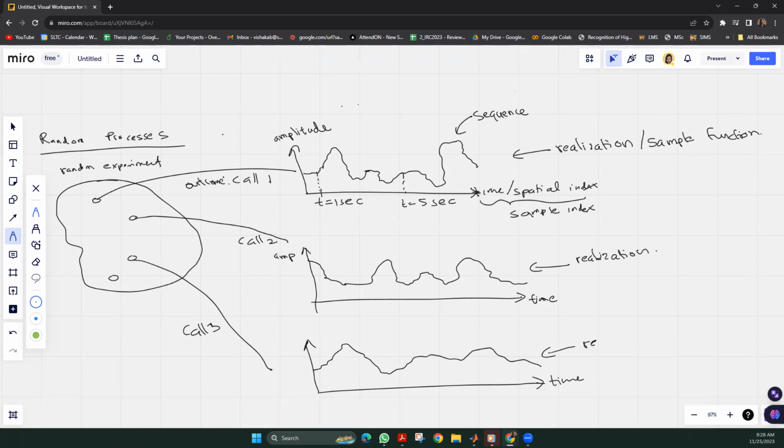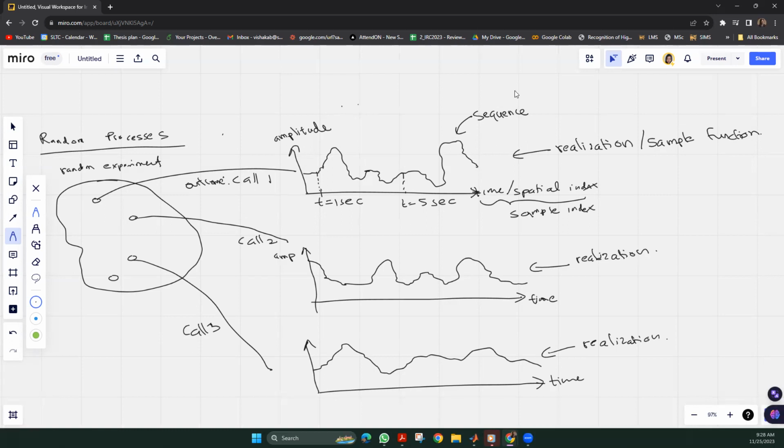When we consider all these realizations, we can either find the parameters related to one realization, or consider all these realizations and find the properties of these parameters under a specific time instance.